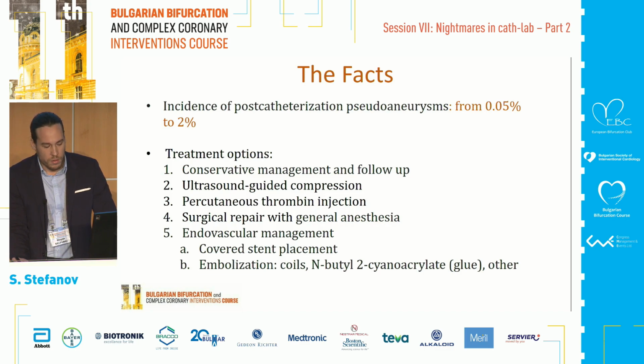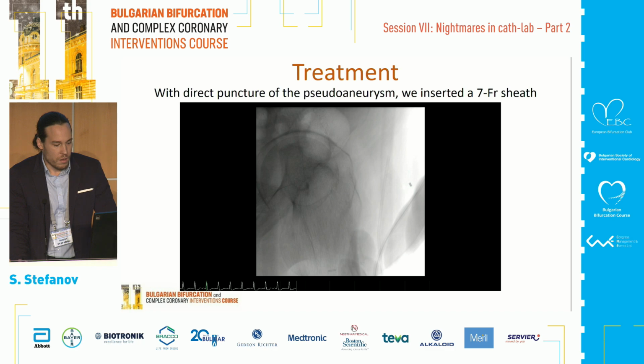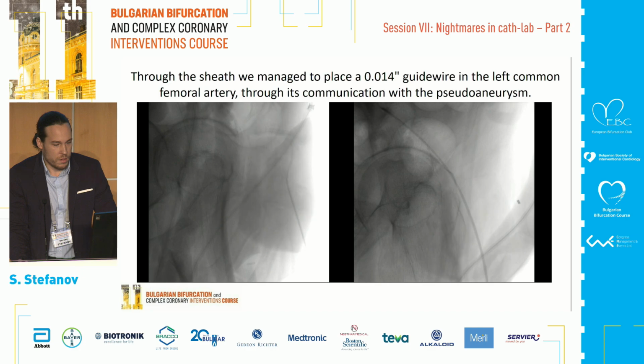We could use coils, we could use glue, but we chose another approach. With direct puncture of the pseudoaneurysm, we inserted a 7 French sheath. Through the sheath, we managed to pass a guide wire through the neck of the pseudoaneurysm to the common femoral artery.